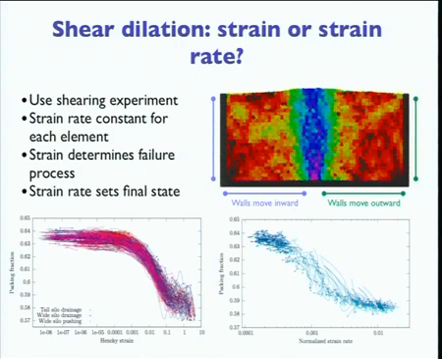One thing which is very good about that is that each element experiences a constant strain rate, because the flow is aligned in this direction. On the left, if you plot traces of strain against packing fraction, you can see that the traces all align, showing that strain is somehow involved in the failure process. But if we plot against strain rate, we can see that the final points will align, and we can figure out that strain rate might be involved in the final state.